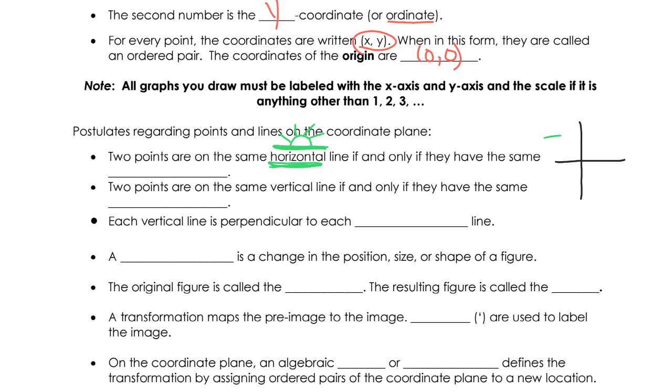So, for instance, if I graph you a nice horizontal line, and I think about 2 points on there, so we can answer this question. Coordinates of this point might be something like 3, 5, whereas the coordinates of this point might be something like -2, 5. All right, notice what they have the same. They have the same y value because they're up the same amount. Okay, y is your height. So if and only if they have the same y coordinate.